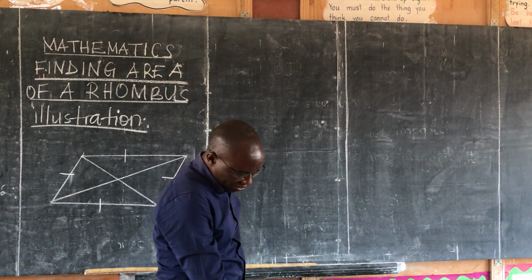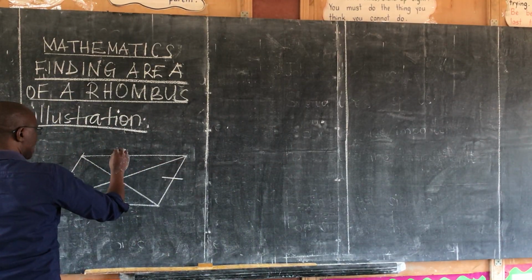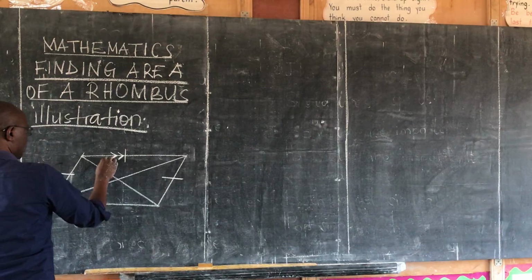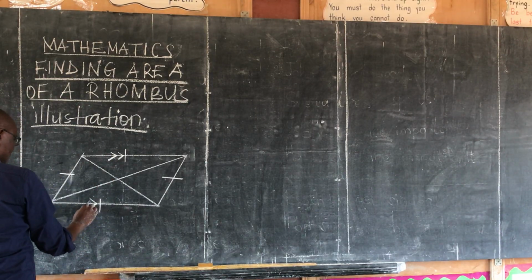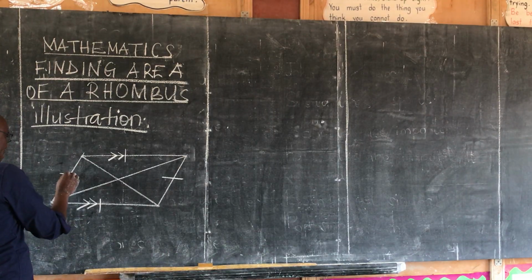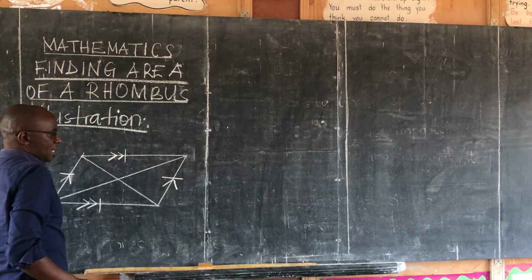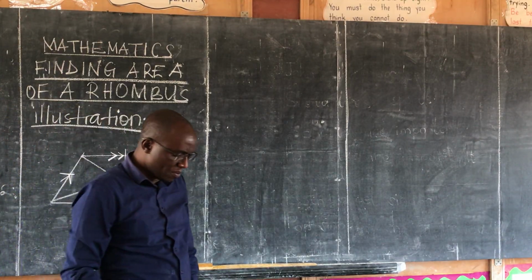And the opposite sides of a rhombus are parallel. So this side is parallel to this side, and this side is also parallel to this side. Now that is a rhombus.